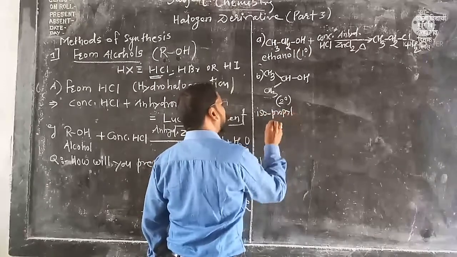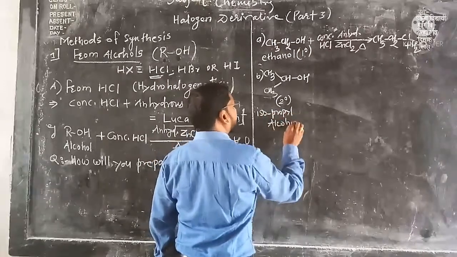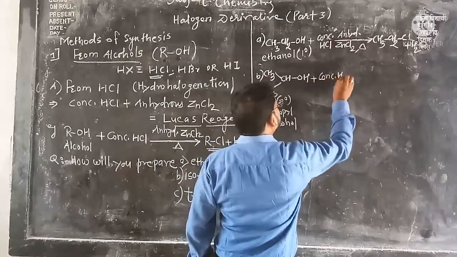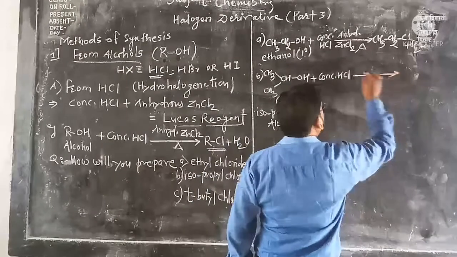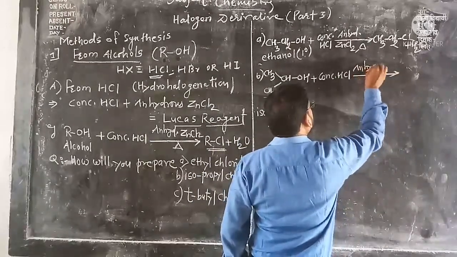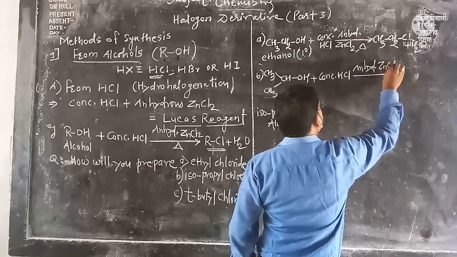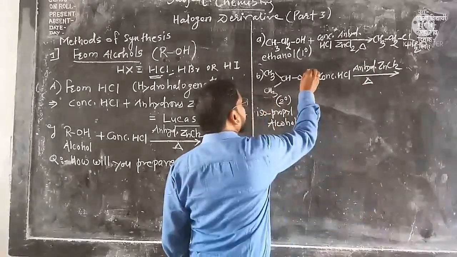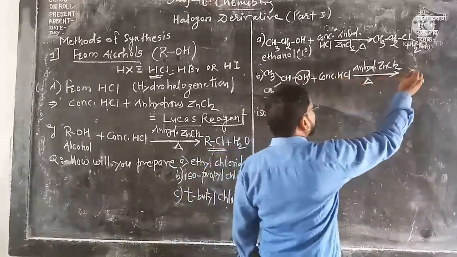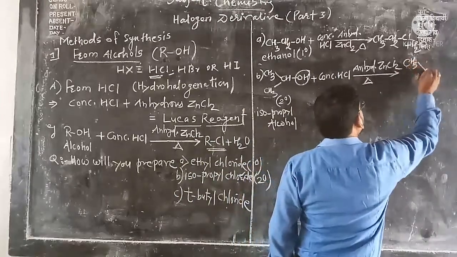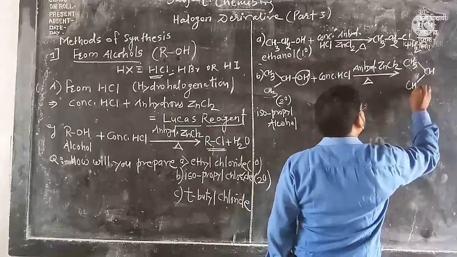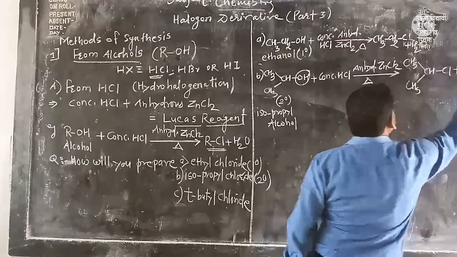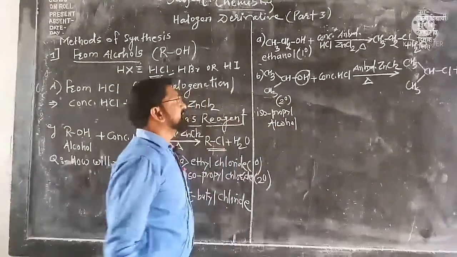Isopropyl alcohol plus the same concentrated HCl, anhydrous zinc chloride followed by heat. In the corresponding product, this OH is simply replaced by Cl and you will get isopropyl chloride. You can also call it 2-chloropropane.